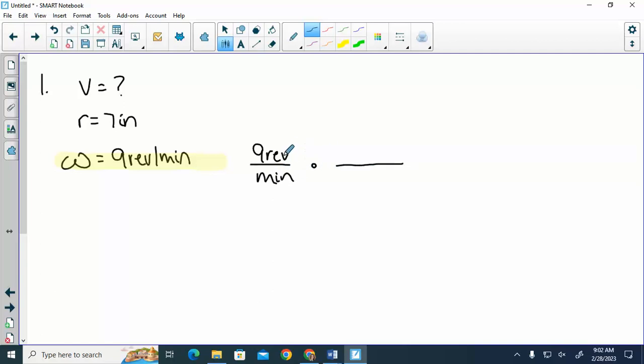We need revolutions to go away, so since it's on the top, we put it on the bottom. 1 revolution is all the way around the circle, which is 2 pi radians. So we'll use that every time we're converting with revolutions. So then those cancel. So we get 18 pi radians per minute.